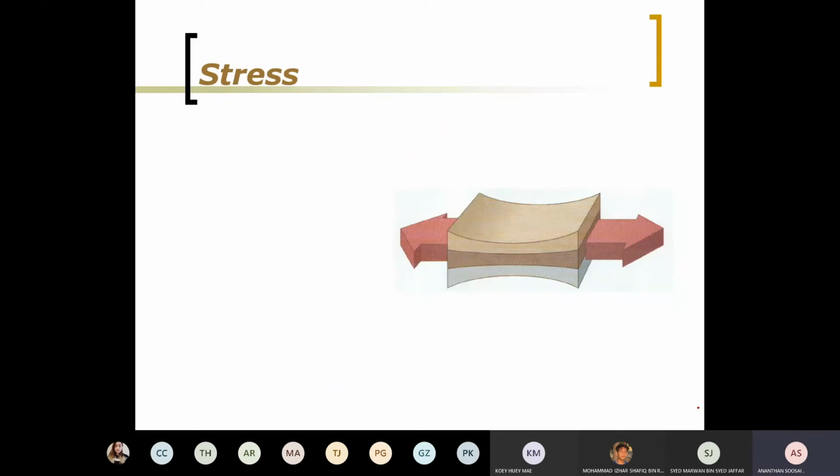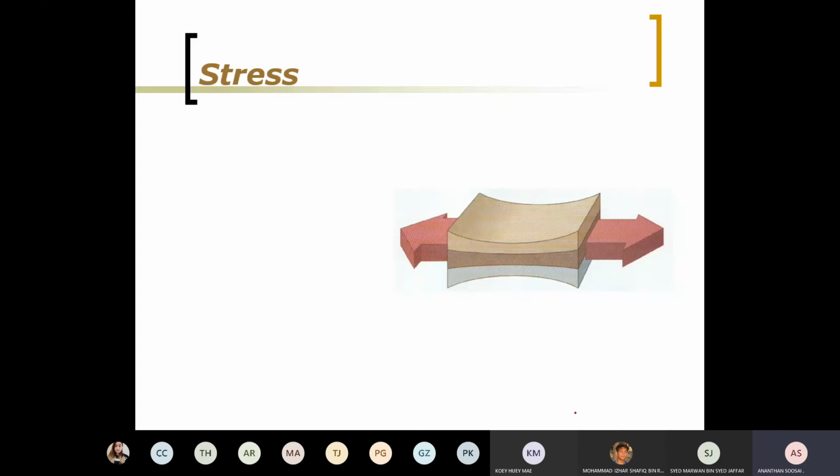So now we're going to learn something new: stress. Of course, you as A-level students now have a lot of stress, human stress. But material also experiences stress. The stress of a material can be measured. The greater the stress on the material, the more chance for the material to be damaged.